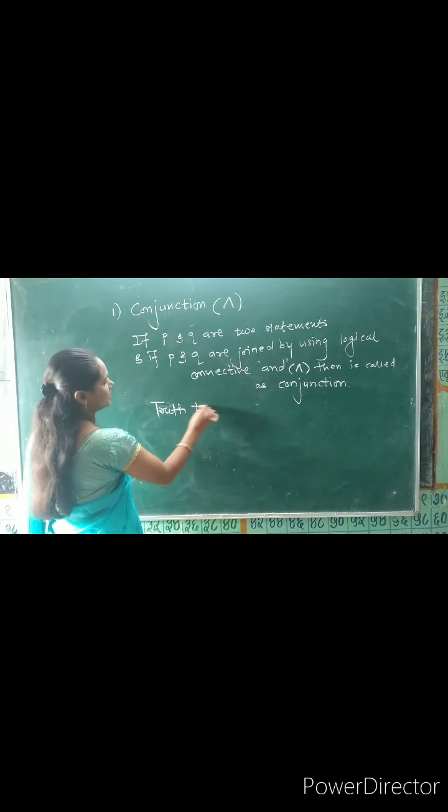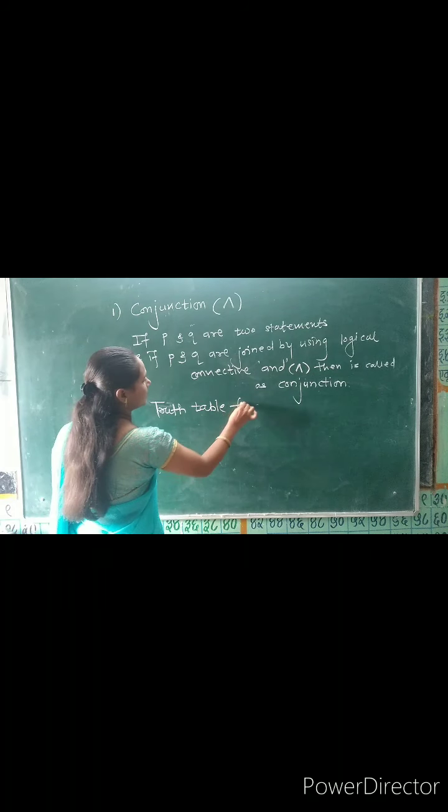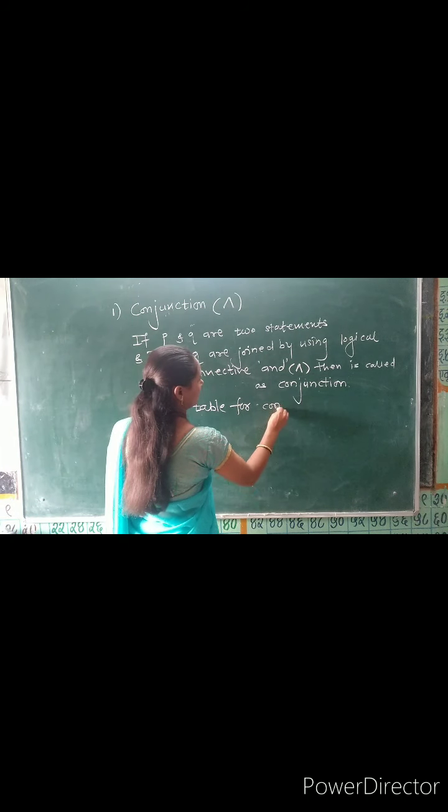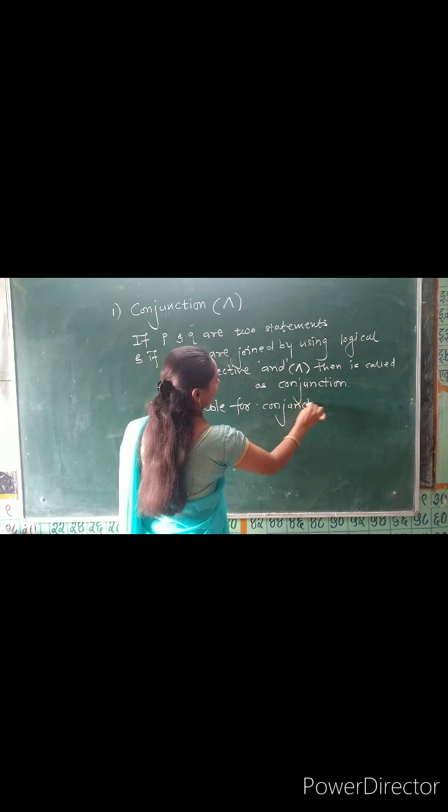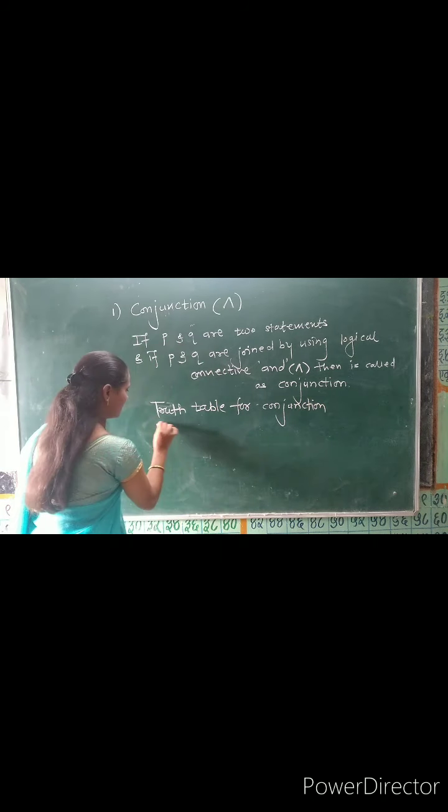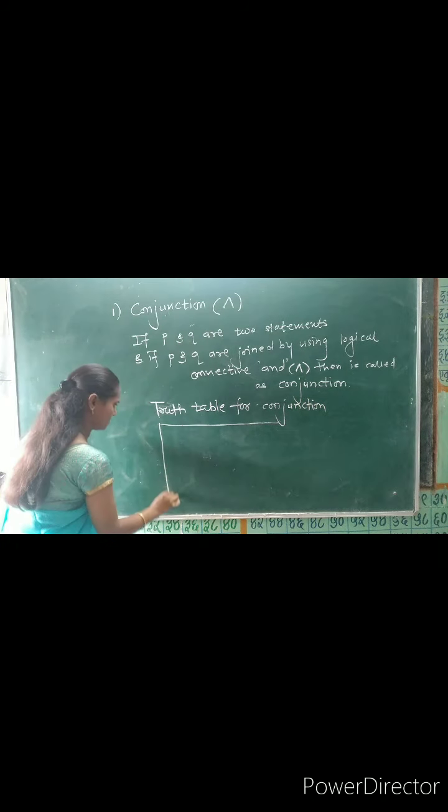Here we have to see the truth table for the conjunction, which is very important. Here we define a truth table for conjunction.